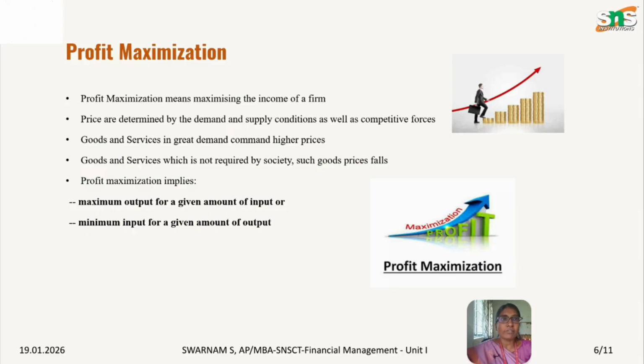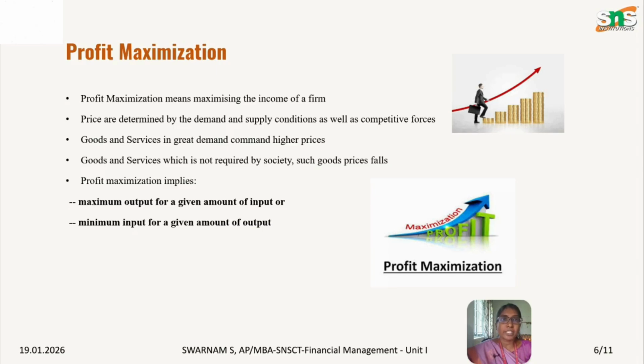Goods and services which are in higher demand command higher prices. Goods and services which are not required by society, or in which society has not shown interest, obviously will not have much demand in the market. Such goods' price falls.